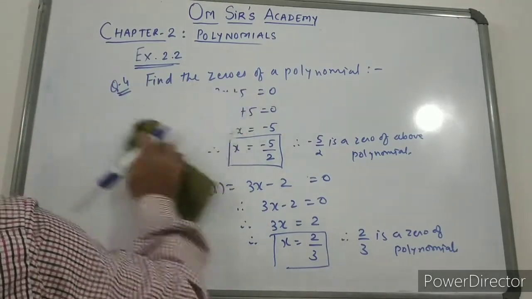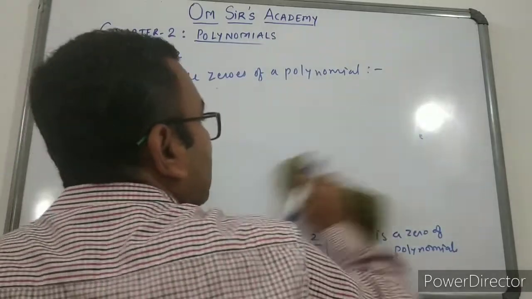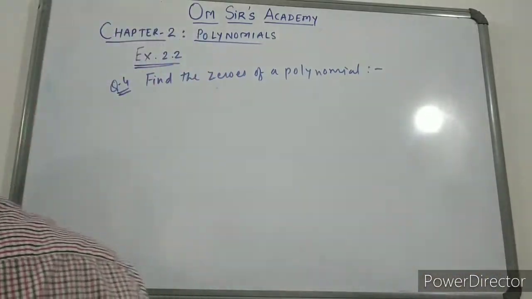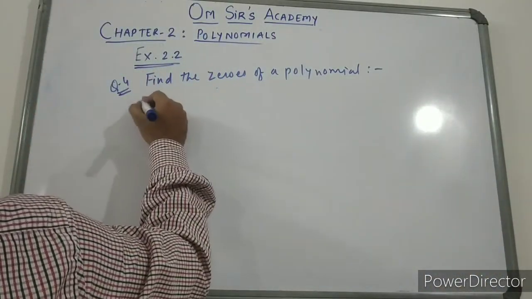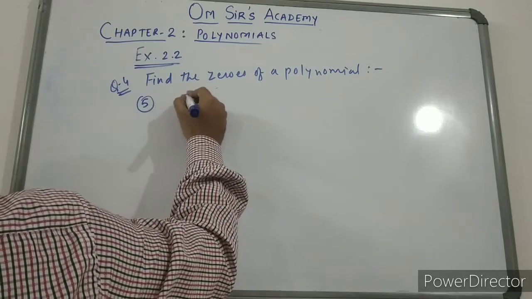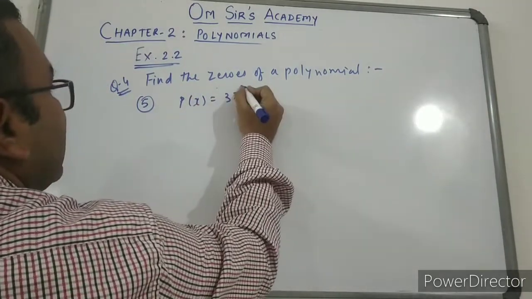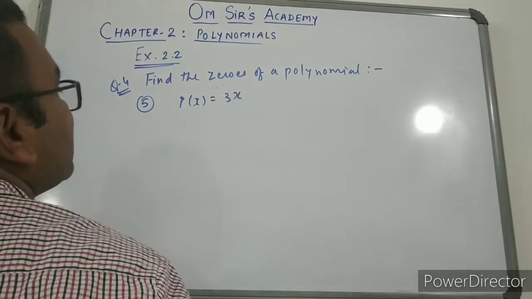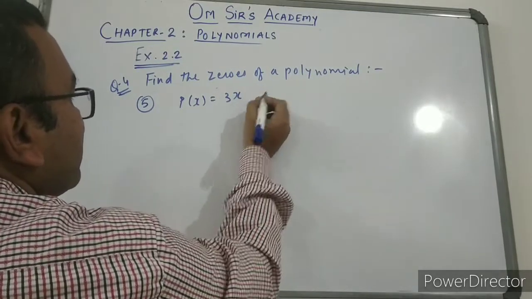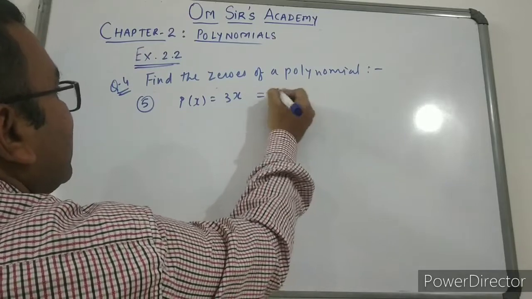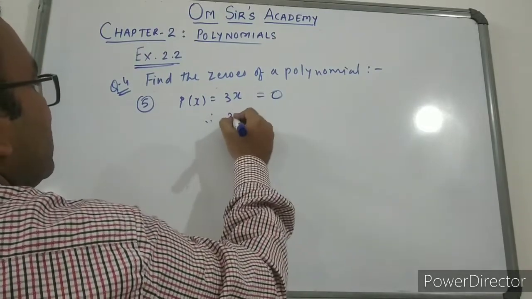Now moving to the fifth sum. All these questions are linear polynomials. Fifth sum of the textbook is p of x equals 3x. Here also the degree of x is 1, so it is a linear polynomial, but we don't have the constant value. So no need to worry. We keep this equal to 0.